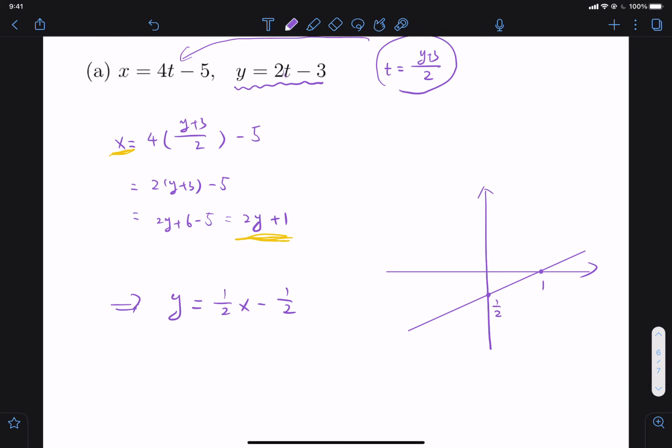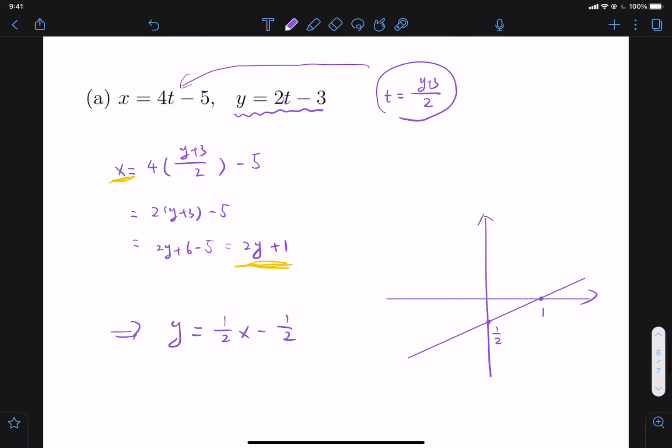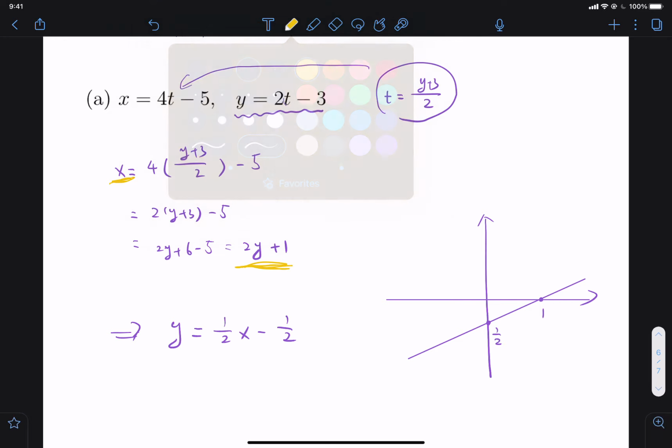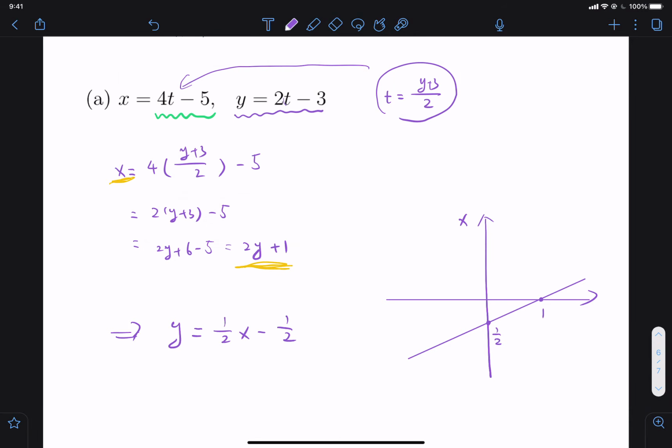And now we're gonna find out from where to where the curve is traced. So when the parameter increases, you see that here, right? When t increases, x increases, right? So when x increases, the curve should be traced from left to right, because that's what happens when x increases.